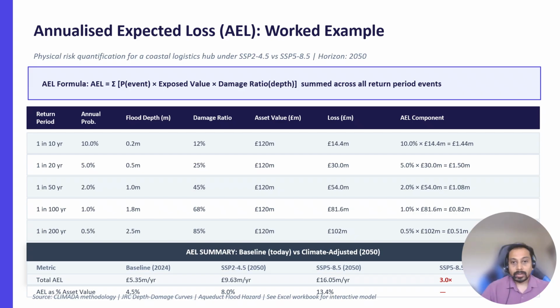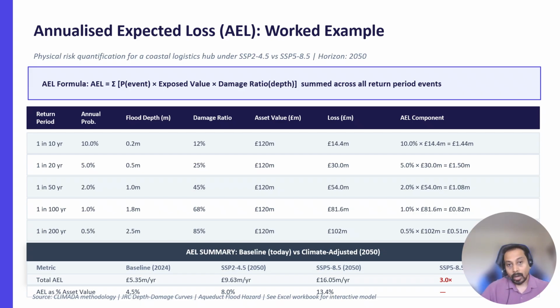Summing across all 6 return periods gives a baseline annual expected loss of 5.35 million per year. That's 4.5% of the asset value annually. So every year on average, that is 4.5% through the various scenarios.